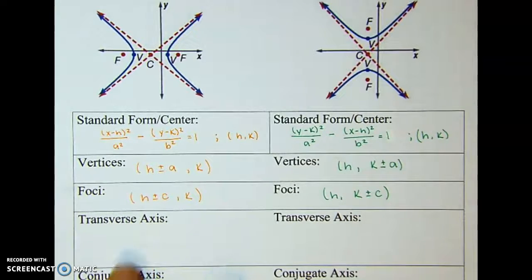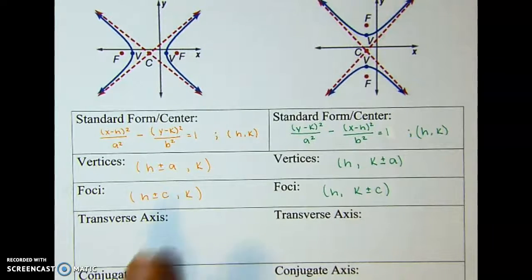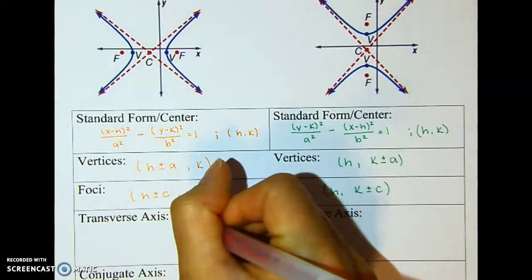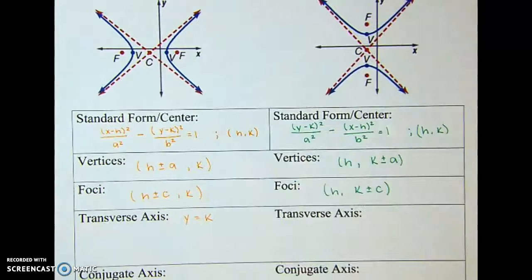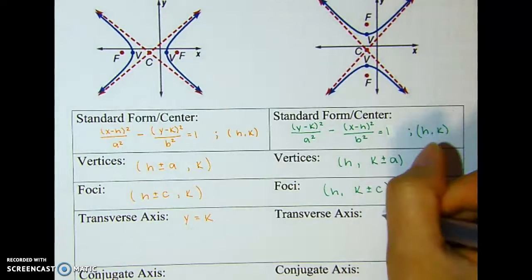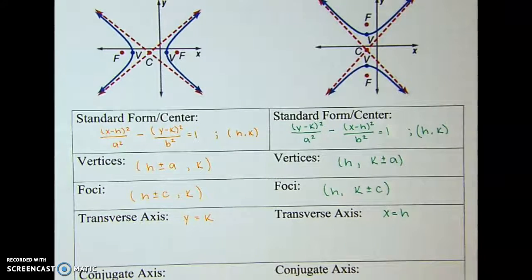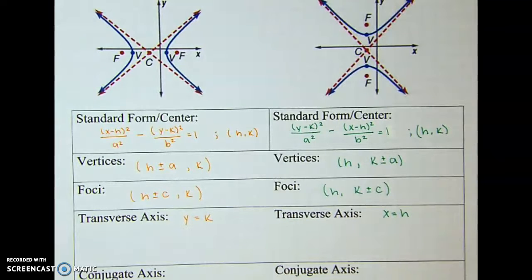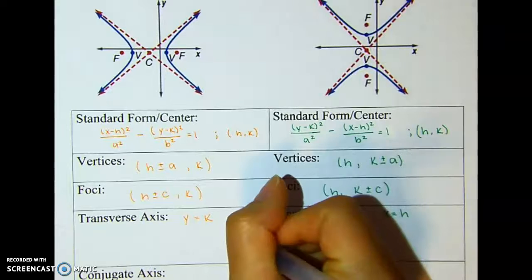The transverse axis for this version is going to be y equals k. And here it's going to be x equals h. Okay, so it's kind of what part is going to be staying constant. So this connects the vertices.